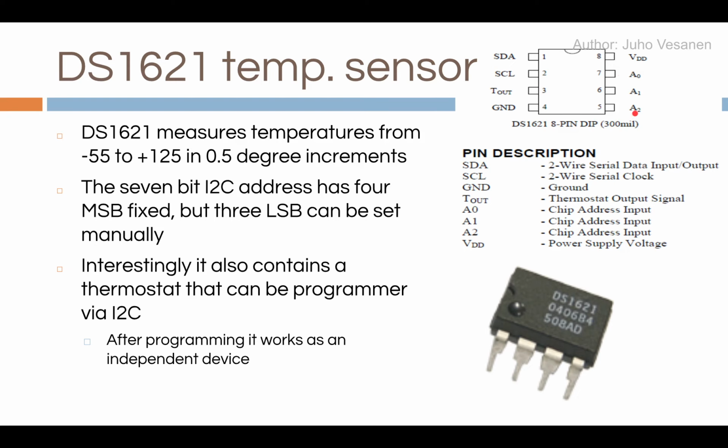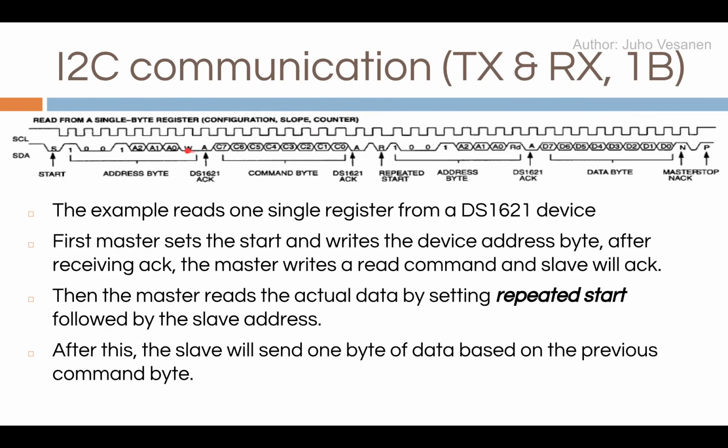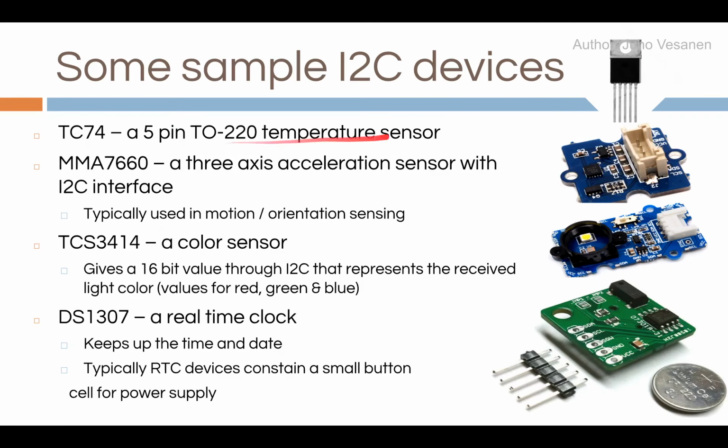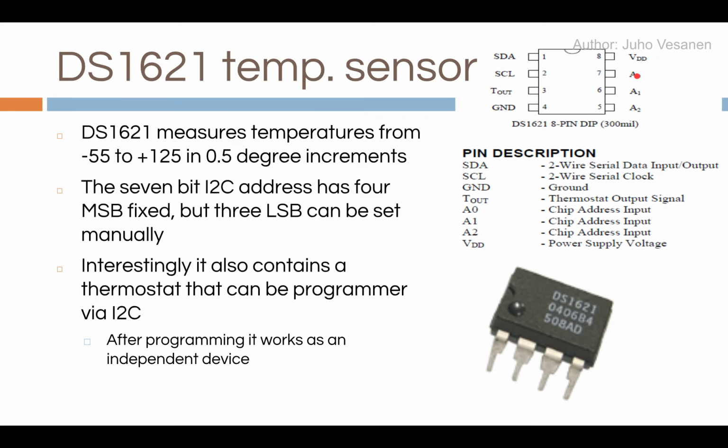If you ground them, then the last 3 bits in the address will be 000, or you can also put some of them to 1, so you can actually hook up 8 separate sensors of this type on the same bus without any fancier type of multiplexing.